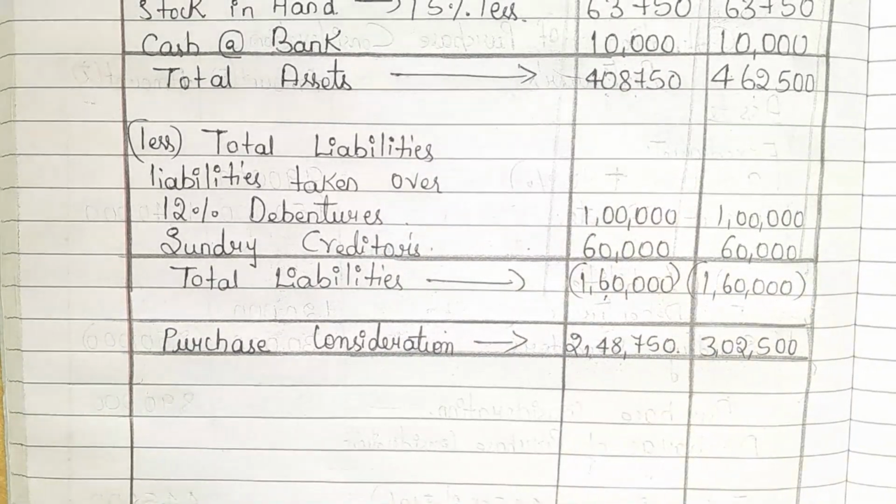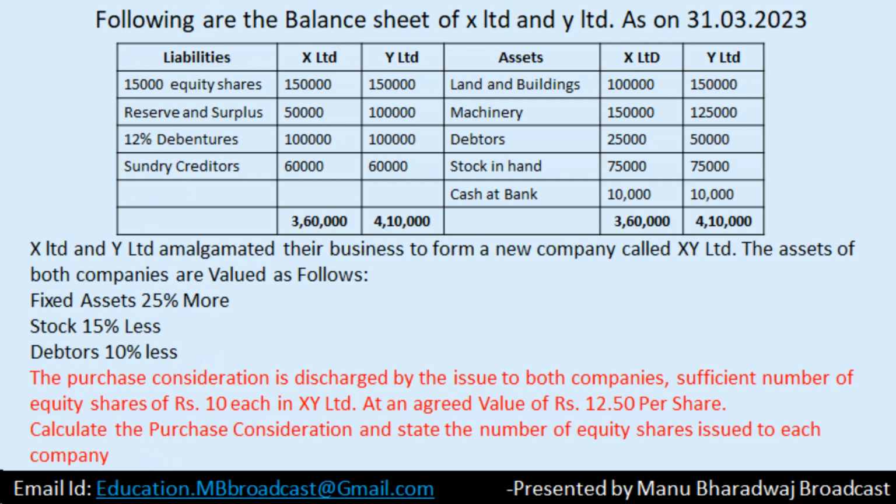This is purchase consideration. Now see the question. The purchase consideration is discharged by issue to both the companies of a sufficient number of equity shares of rupees 10 each in XY Limited.